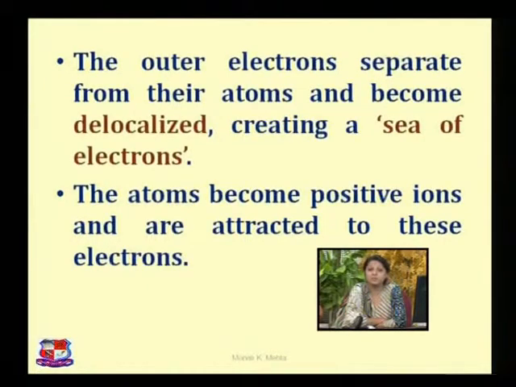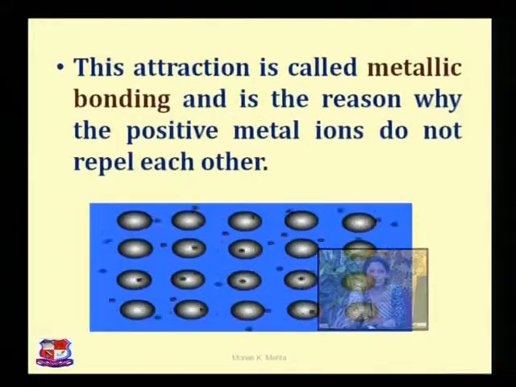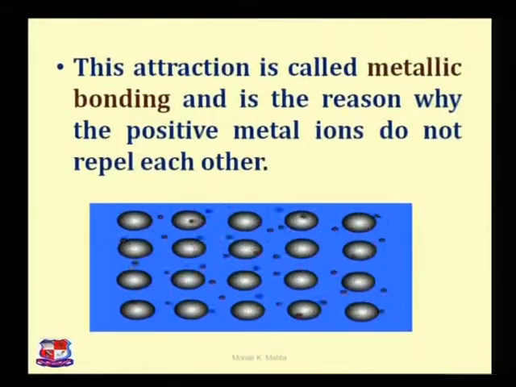The atoms become positive ions and are attracted to these electrons. This attraction is called metallic bonding and is the reason why the positive metal ions do not repel each other. They are moving free electrons in the metallic lattice.